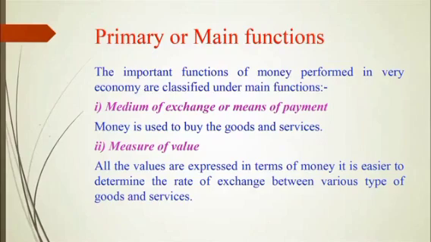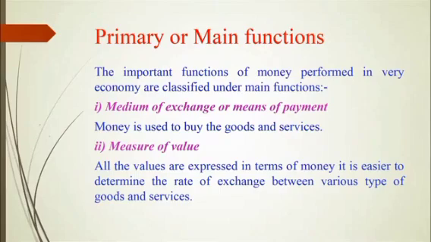The second one is measure of value. All the values are expressed in terms of money. It is easier to determine the rate of exchange between various types of goods and services. So, measure of value means the value of all goods and services is expressed in terms of money.